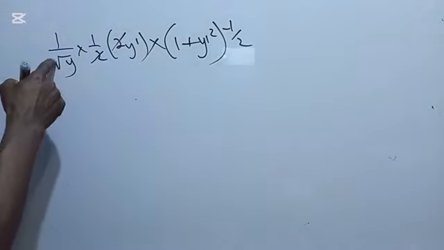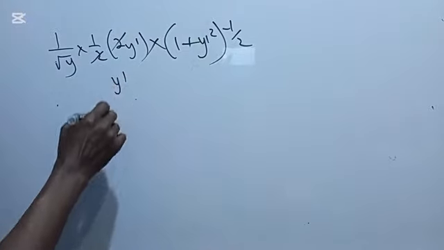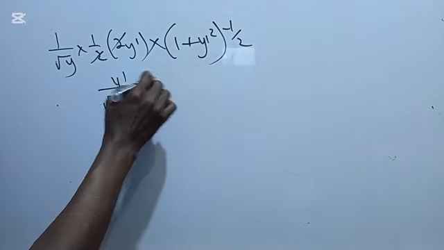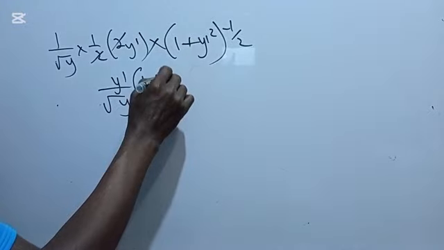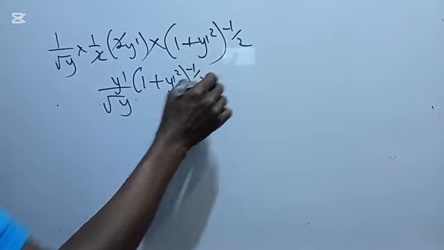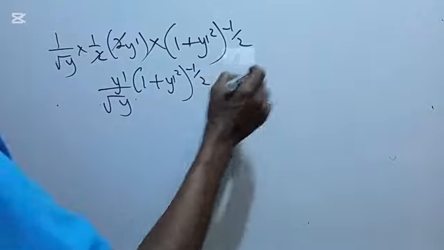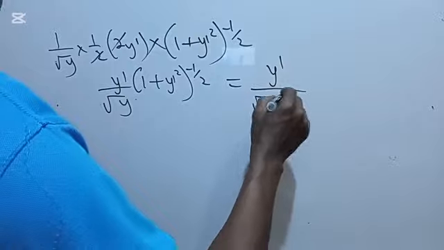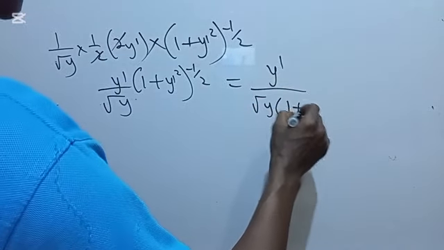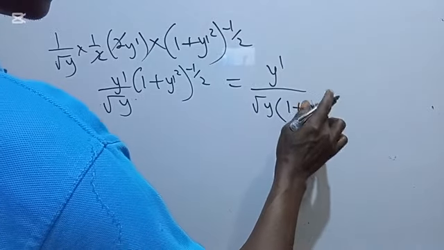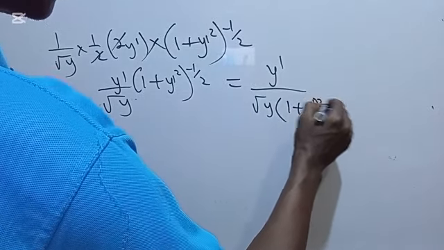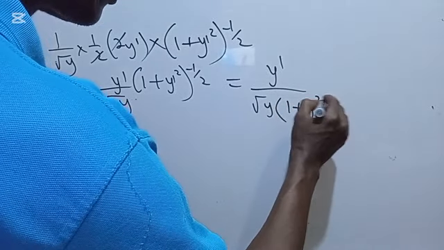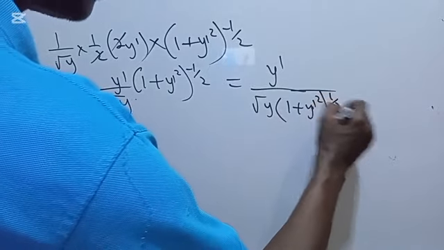So we are going to have y prime all over root y, into 1 plus y prime squared raised to the power minus half. That means we can bring it down, have y prime all over root y, then 1 plus y prime squared raised to the power half.